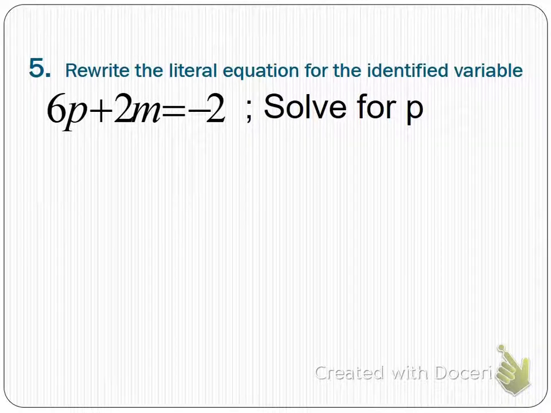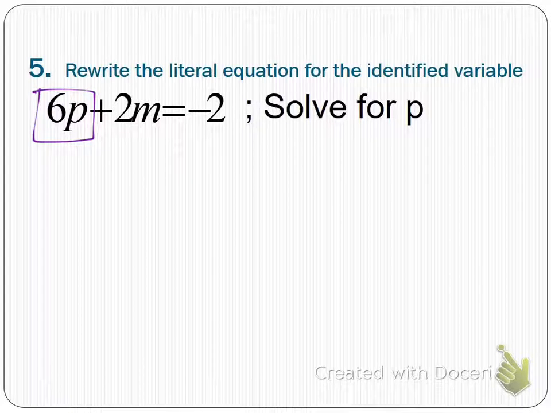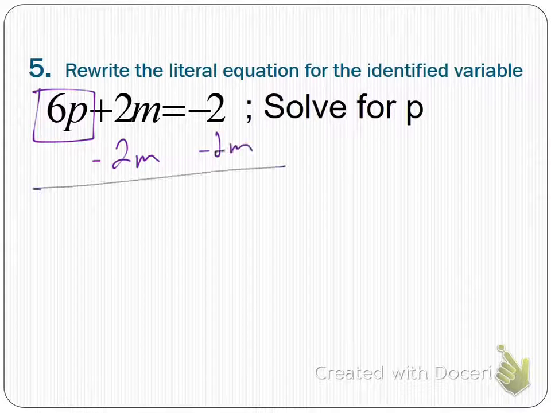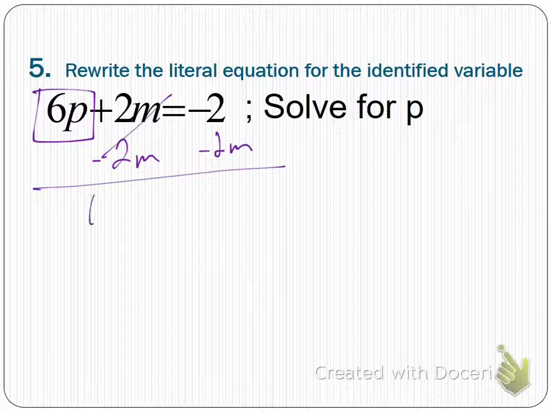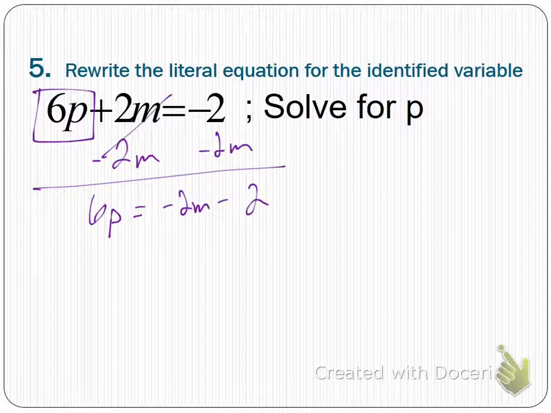We're going to solve for p, right? So identify the term that has p in it. Okay? And then we need to undo the addition around that term, so subtract 2m from both sides. You get 6p equals negative 2m minus 2. Okay? Then divide through by 6.